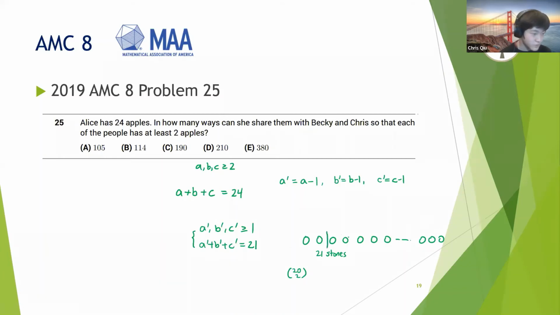For example, we can put 1 stick here, 1 stick here. Those are the 2 positions that we chose. There's going to be 20 choose 2, which is equal to 190 ways to position these two sticks. And so there are 190 ways to choose A prime, B prime, and C prime, and also then 190 ways to choose A, B, and C. So 190 is the total number of ways that she can share these apples with her two friends. So the answer is 190, which is C, and we're done.